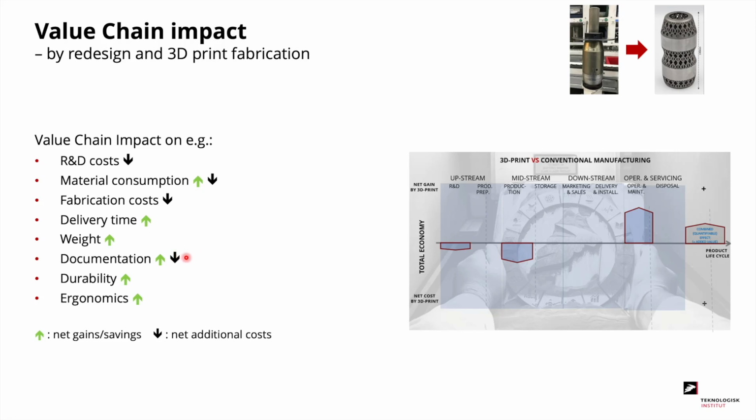The green arrows indicate where we gain something, where we have benefits or advantages. That's maybe for the material consumption, definitely for the delivery time, the weight reduction, the durability, and first of all, the ergonomics. And this is illustrated on the graph to the right, where we have applied some arrows, and the net contribution to the right shows an upward pointing arrow.